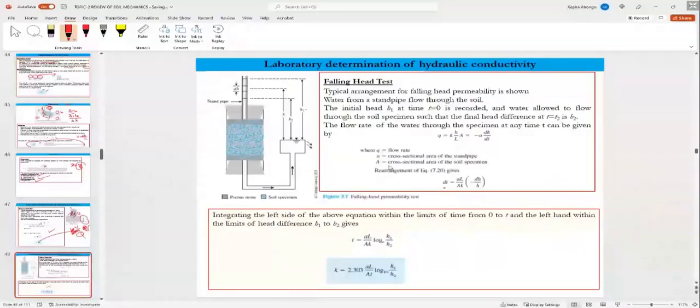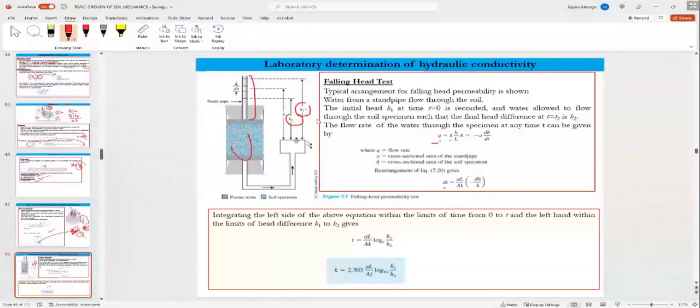Falling head. Remember, you have a standpipe, and water flows through until the soil is saturated. So you have H1, the initial head, H2, the final head, and the change in H in between. Integrating from the small area to the big area, the quantity Q is K times the head over L, the length of the solid column, times the area of the solid column.